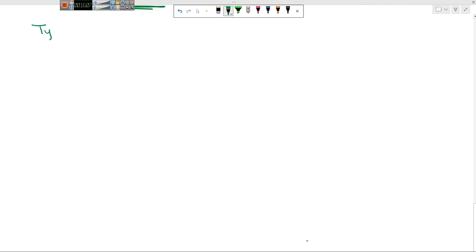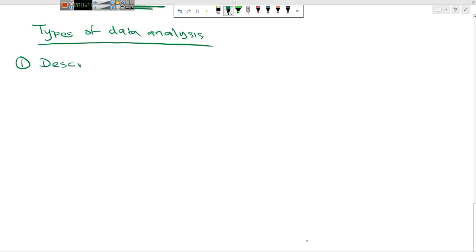Types of data analysis. First we have descriptive analysis. Under descriptive analysis, we can summarize the historical data to understand what has happened in the past, right?